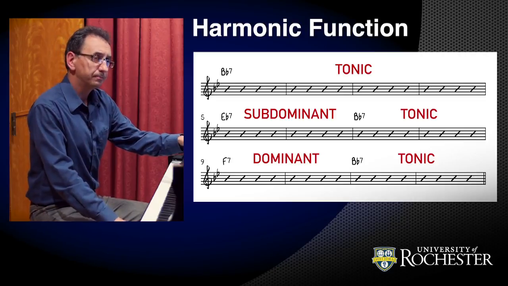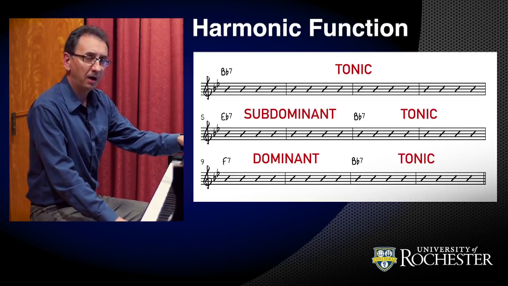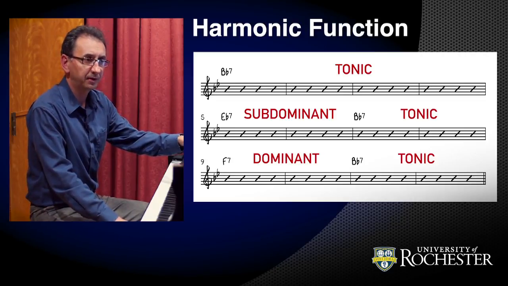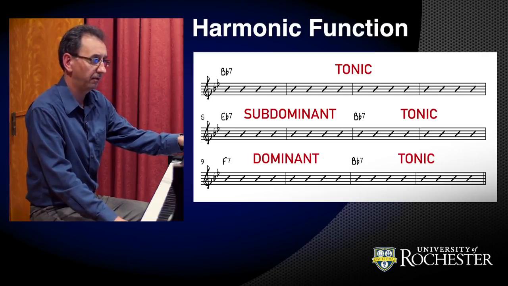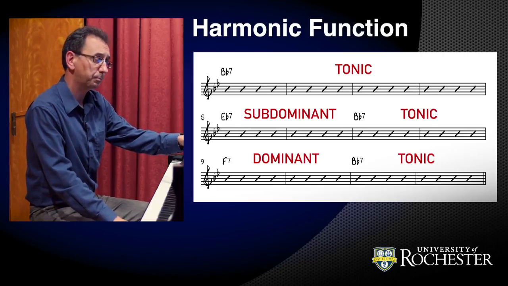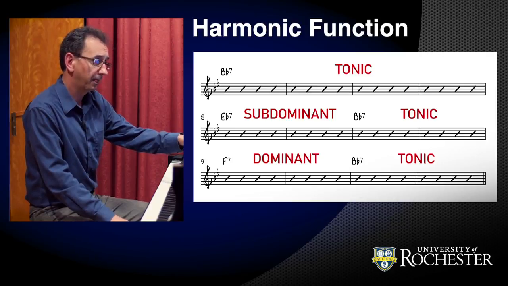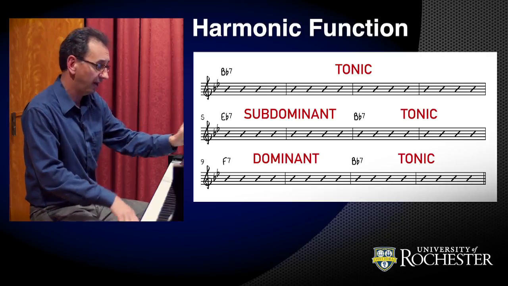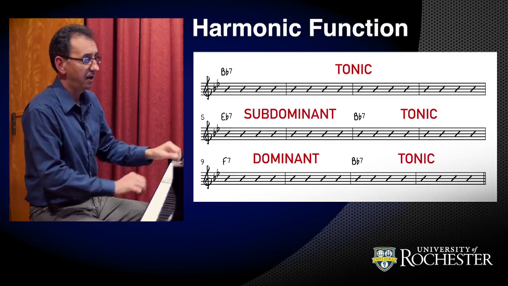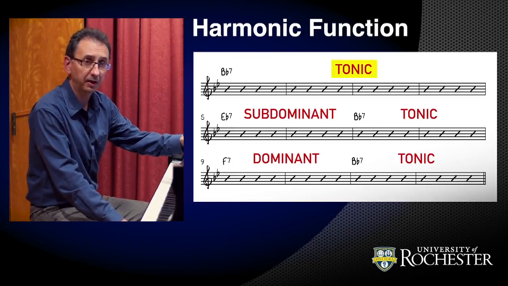When we talk about these individual chords, they occur on specific scale degrees within the key you're in. This particular blues is in the key of B flat major, so with 2 flats. So the first chord is built on scale degree 1. And we call that chord the tonic.